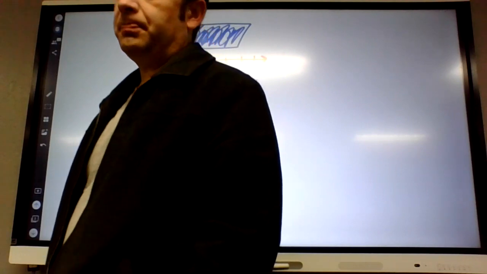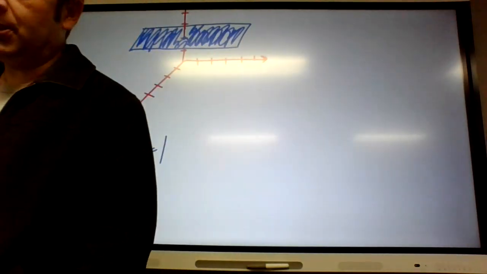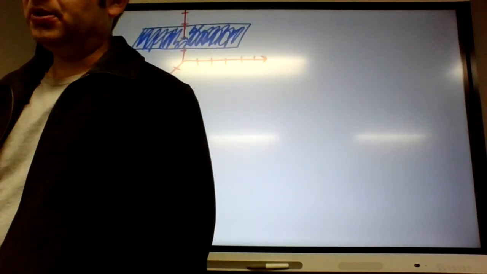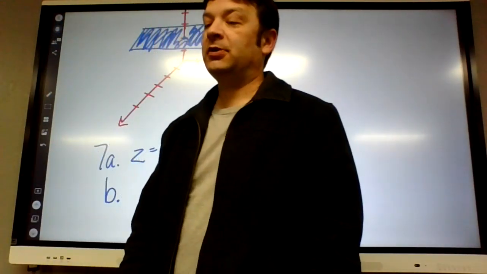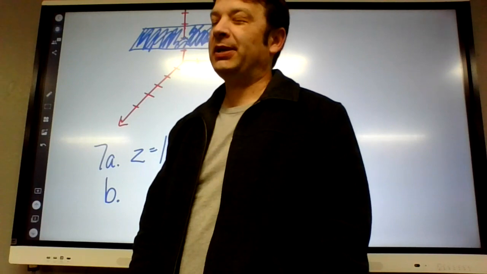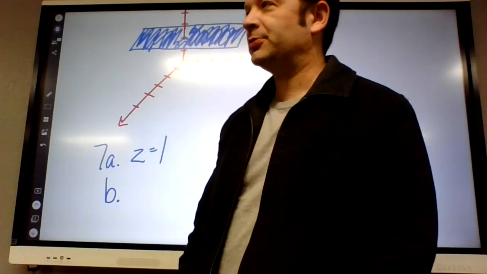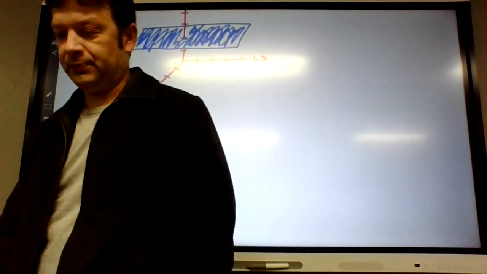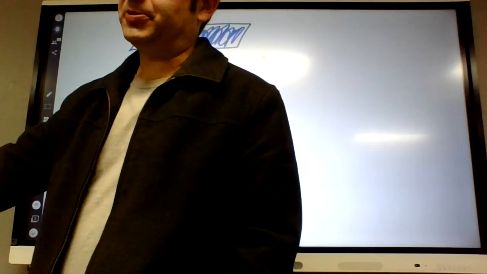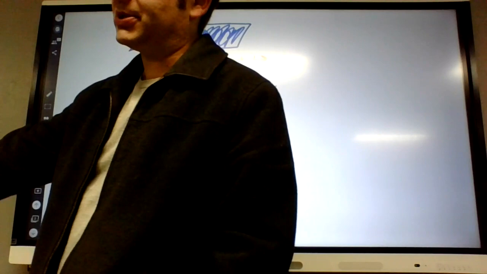Okay, B says plane ABED, which is the plane closest to us. It's a vertical plane. So would that be like an x equals or a y equals plane? What do you guys think? X. It's an x equals because it's basically cutting through the x-axis.